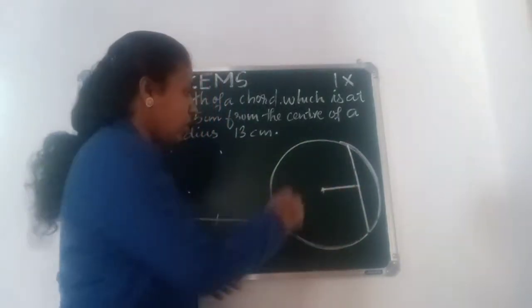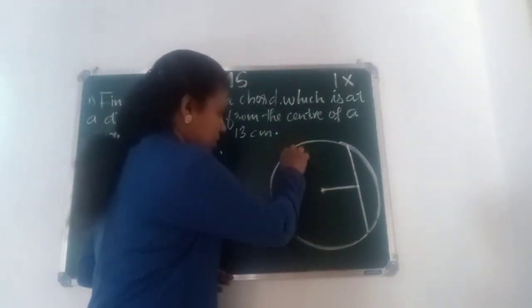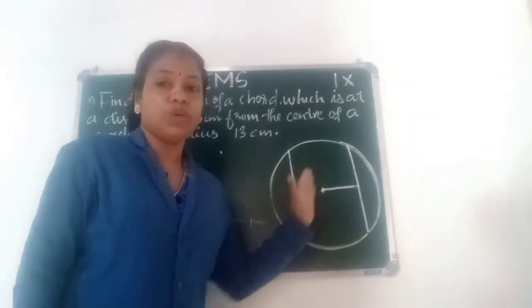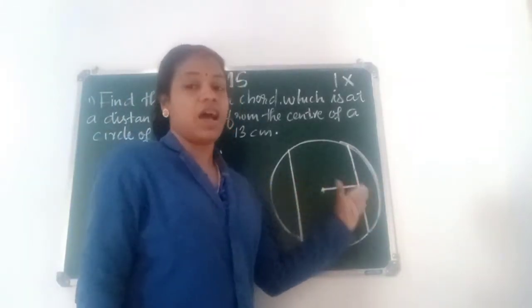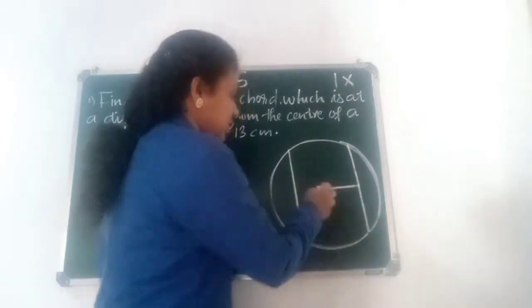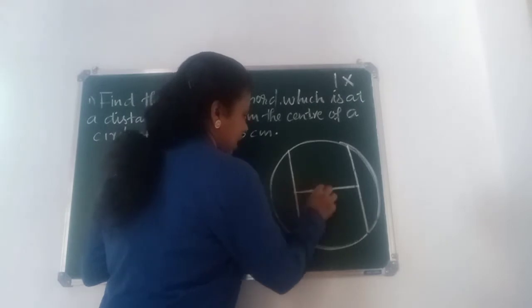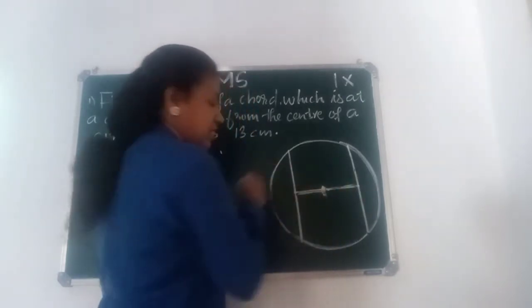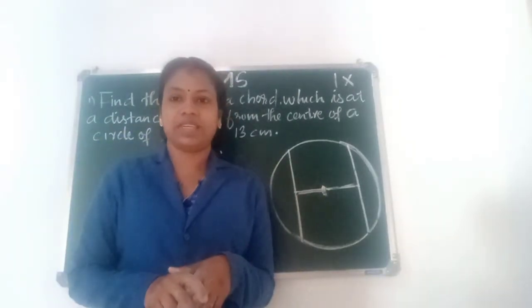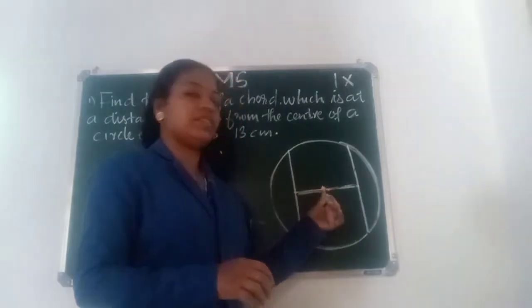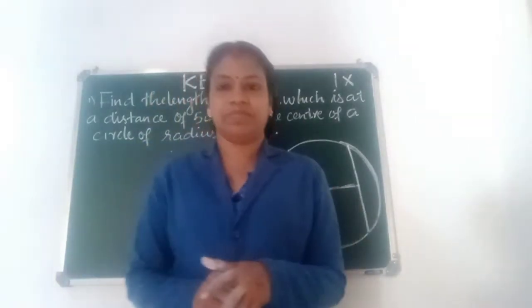Here is one chord, here is another chord, and the chords are equal. The property says that the two equal chords are equidistant from the center. So this distance is equal. This is the center. This distance and this distance are equal. Clear?